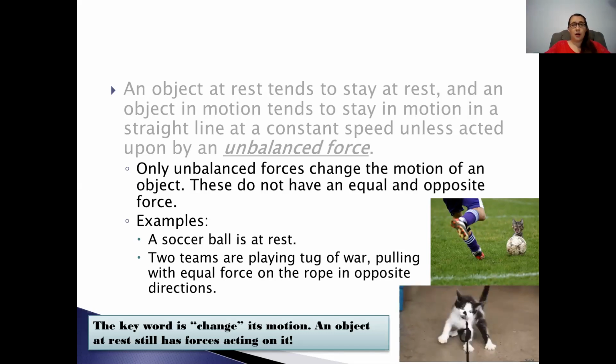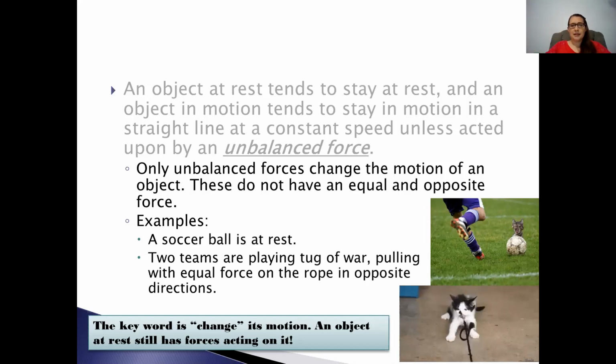And when they start pulling harder, that means they're applying more force than the other team. And so that little bit of extra force that they're applying to pull is that unbalanced force. So once they create that unbalanced force of pulling harder than the other team, then they'll start winning and gaining some ground in tug of war.